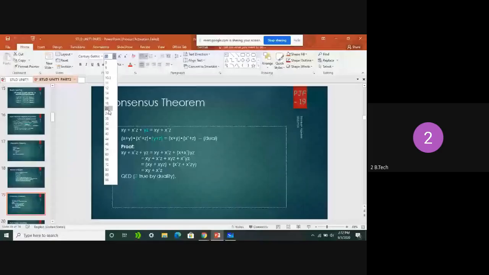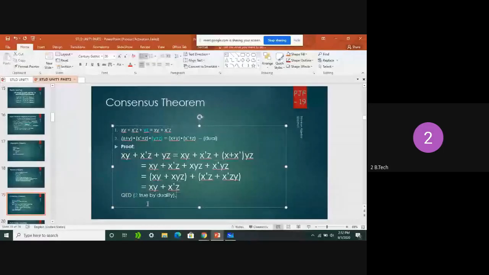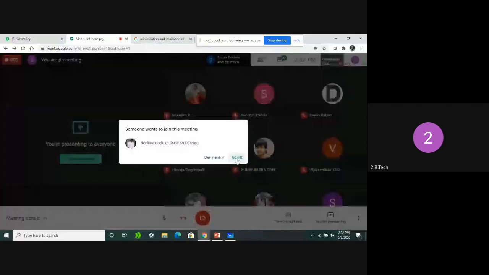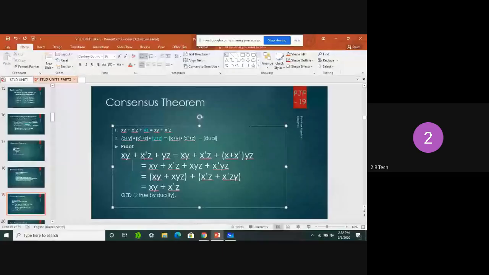On the LHS we have xy plus x bar z plus yz, which can be resolved as xy plus x bar z.